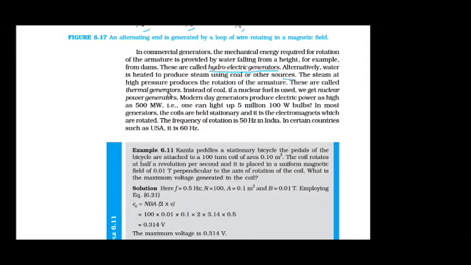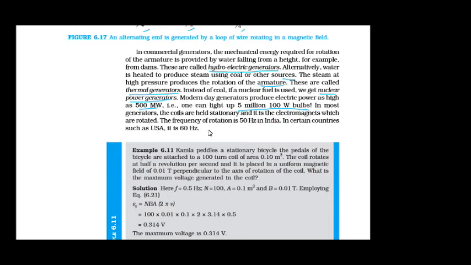The high pressure steam produces the rotation of the armature. This is called a thermal generator. Instead of coal, if nuclear fuel is used, then it is called a nuclear power generator. Modern day generators produce electric power as high as 500 megawatt. One can light up 5 million 100-watt bulbs.